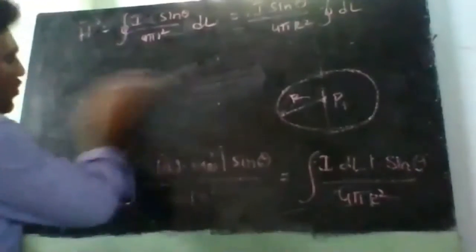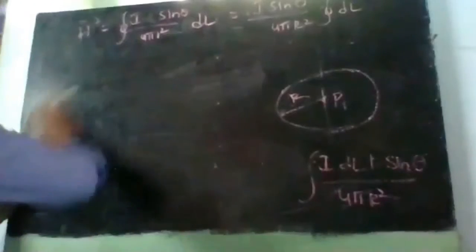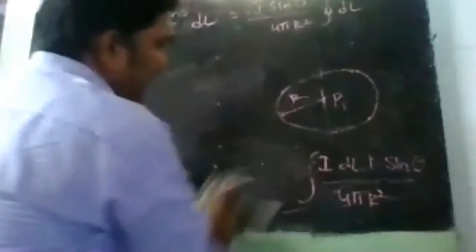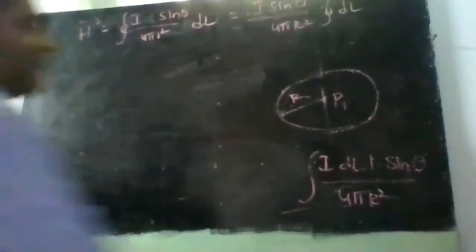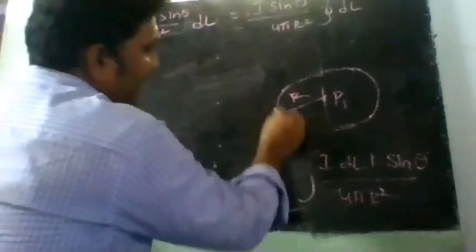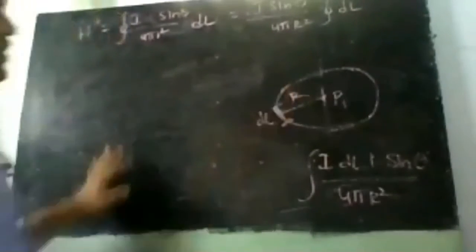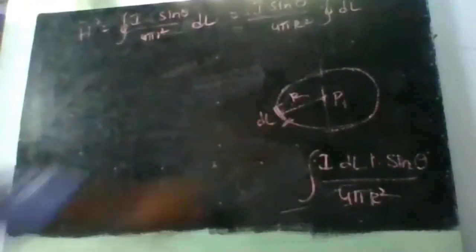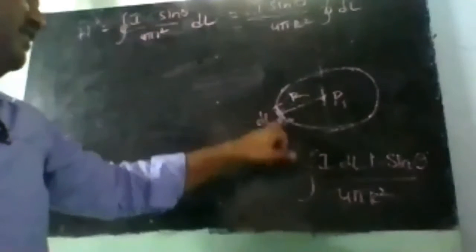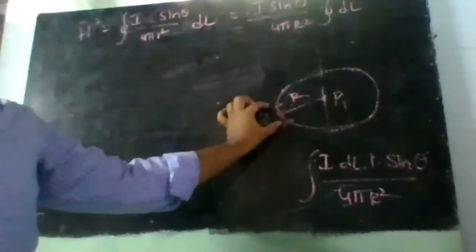What is dL? dL is the differential change in length of the conductor. This is my dL, a small part of this conductor.